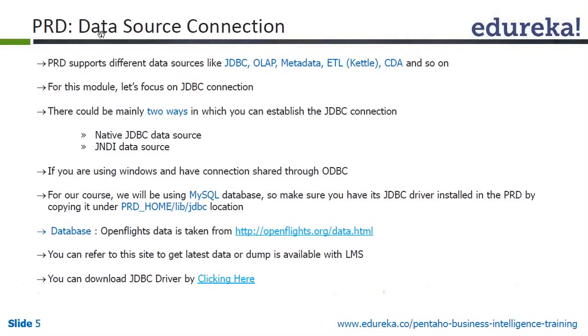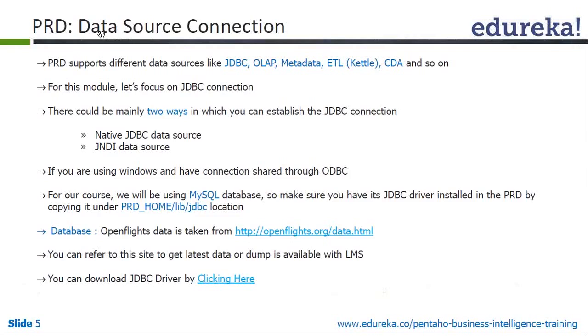Practically, you will always go for JNDI, and the reason is that in native JDBC, you will always have to give the name, username, password, and URL. Whereas in JNDI, it is externalized. All these credentials and the hostname are externalized in the JNDI connection.